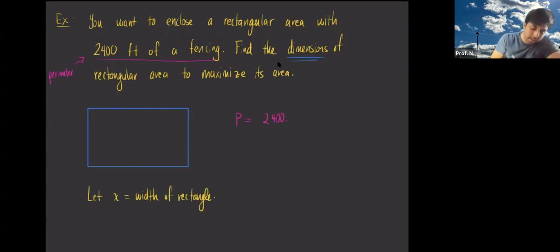Okay, so if that's the case, this is going to be x, and this is going to be x. Now the question is, what's going to be this side? And what's going to be the length of the rectangle? Can someone tell me how we figure out the length?